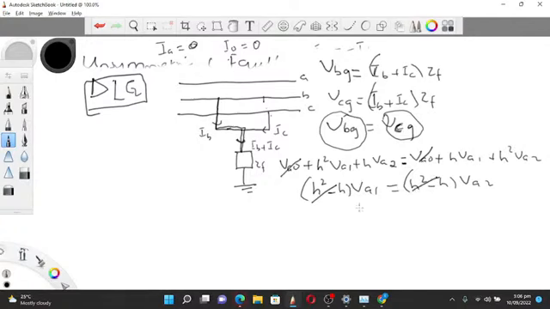This cancels this. VA1 equals VA2. We can easily see that our symmetrical voltages for positive and negative are the same. So I can say V1 equals V2 or V1 minus V2 equals 0, however you say it.